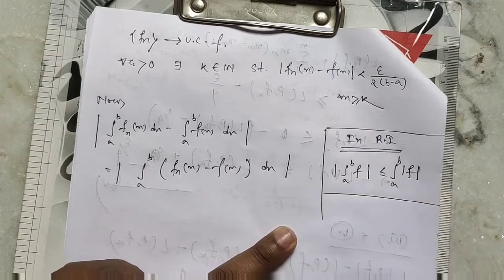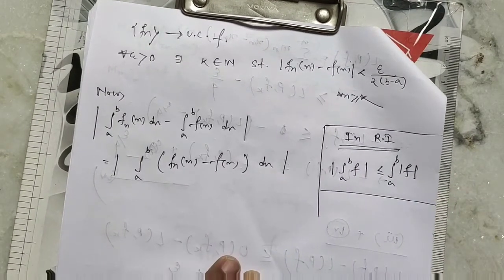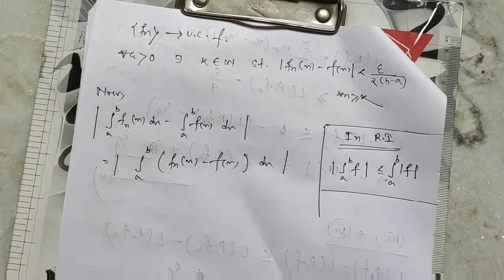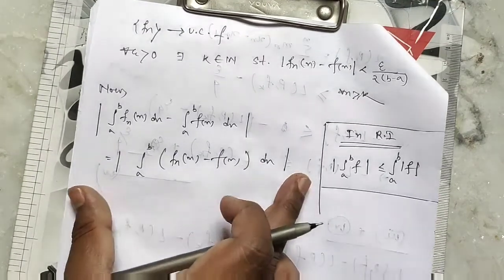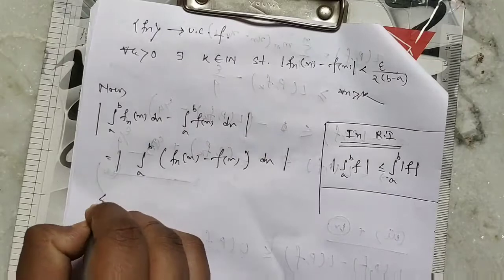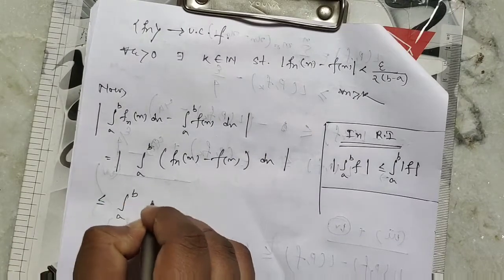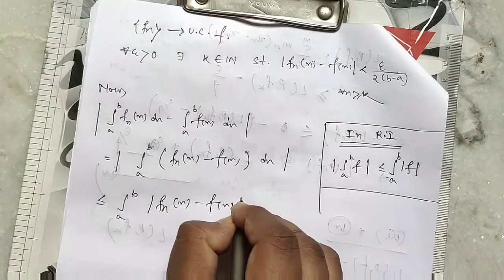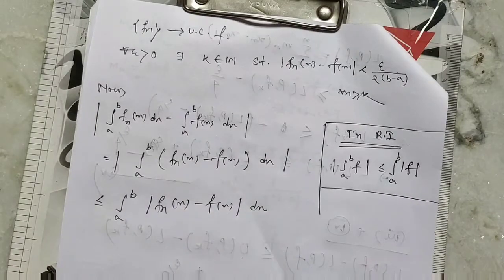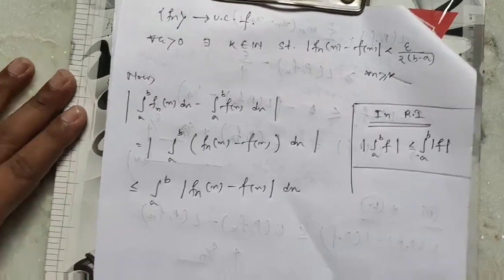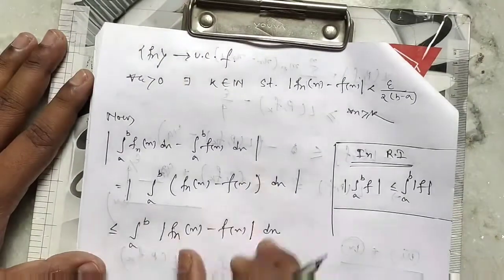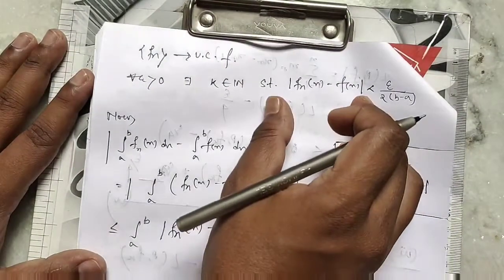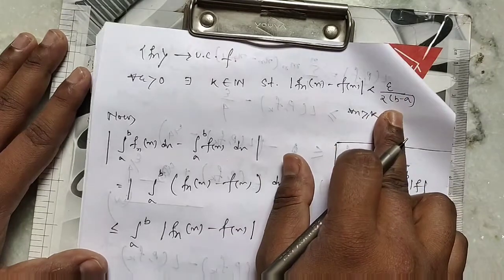This is a result on Riemann integration, so use this result. Mod of this is less than or equal to integration a to b mod of fn x minus f x dx. Clear? Now mod of this is less than epsilon by 2 into b minus a.